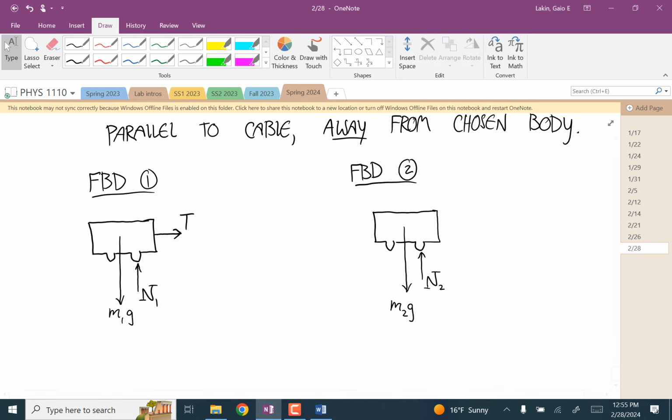We have the 300 Newton force that's just given to us, so I'm just going to put that in here. But notice that it only acts on body 2. It doesn't act on the boundary of body 1. And then the last thing is we have a pulling force, and the rules say the force is parallel to the cable, away from the chosen body. I'm going to give that the same variable name that I gave the other one.